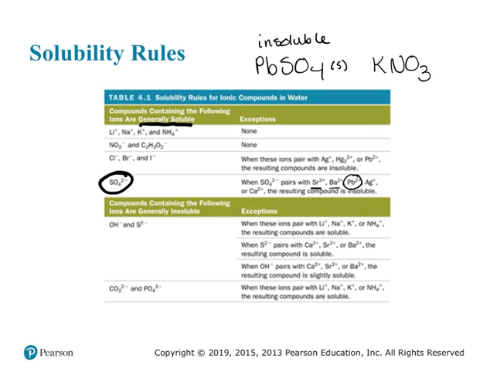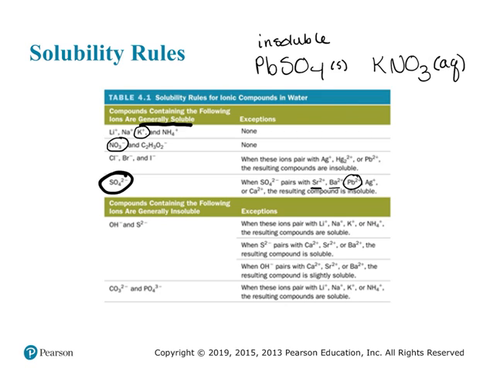But let's double check with potassium nitrate. Potassium and nitrate are both listed as generally soluble, and there are no exceptions. So if potassium and nitrate are forming a compound, their bond is pretty weak, and water can very easily break apart those bonds.